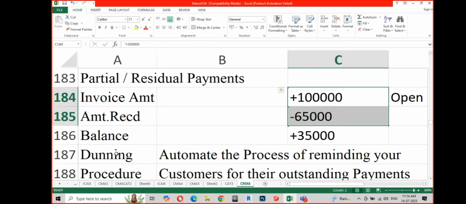Another interesting feature, just like accounts payable had an interesting feature by way of the automatic payment program, your customers or your accounts receivable also have a very interesting concept called dunning.